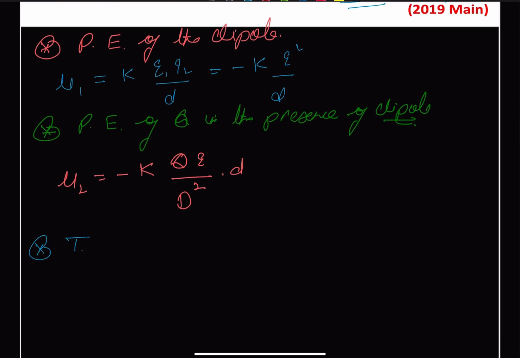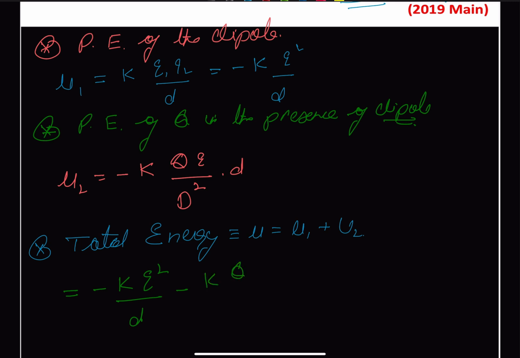Say our total energy, suppose that is U, will be equal to U1 plus U2. So U1 we know is minus k Q square upon d, and U2 is k Q q d upon D square, with a minus sign.